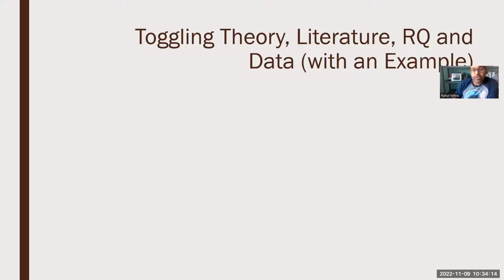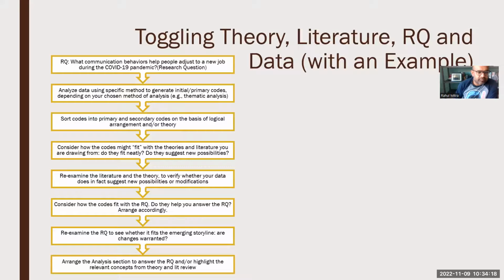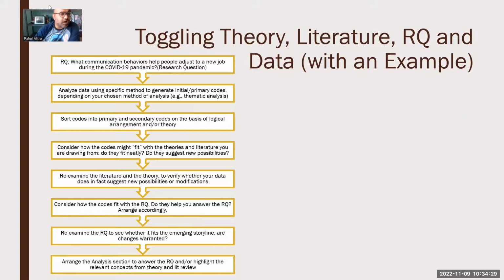So now, what does this look like when we bring in the data? Suppose we begin with the research question that we already have: what communication behaviors help people adjust to a new job during the COVID-19 pandemic? That was our beginning research question.